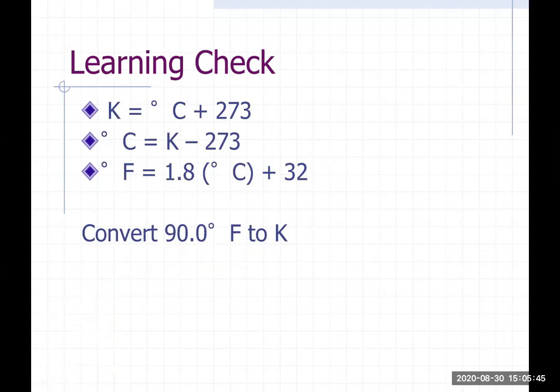Let me just erase and start over. Okay. Simple algebra, what we're going to do to start with is subtract 32 from both sides.